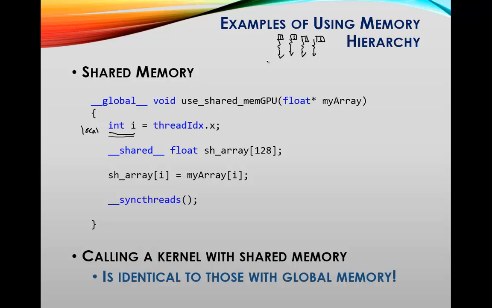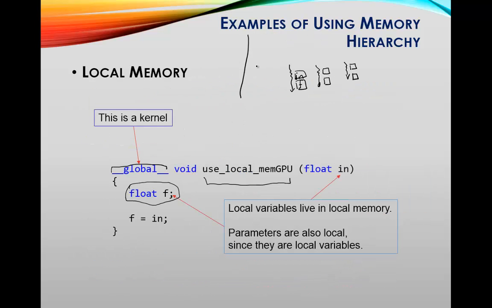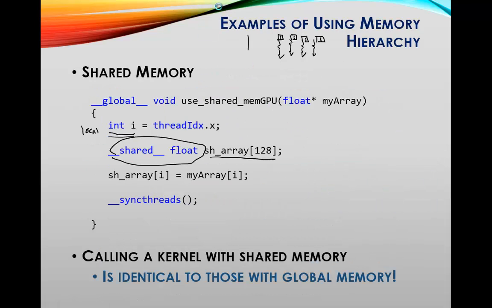Now, since I define a shared float and I call it sh_array, 128, then within the block that these threads belong to, a shared memory location is going to be created, called sh_array.